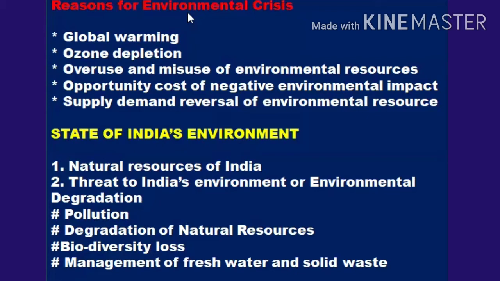So now the supply is less than demand of environmental resources. So shortage of supply is because of overuse and misuse of resources. Hence the environmental issues of waste degradation, waste generation, and pollution have become critical in recent times.